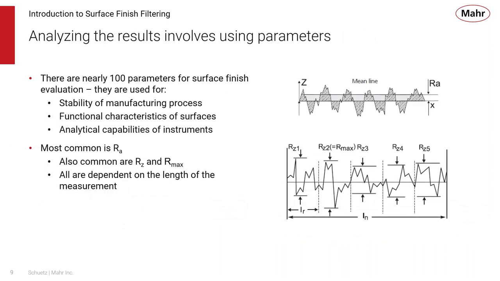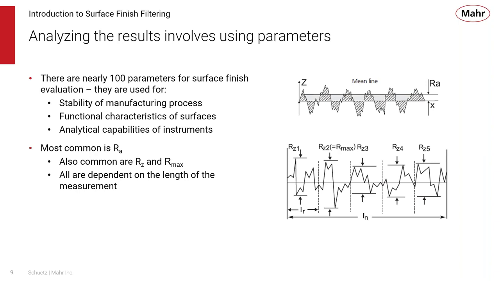And there are lots of ways to analyze surfaces. There are over 100 different parameters for surface finish evaluation. They can be targeted or customized to check the stability of the manufacturing process and the functional characteristics of the surfaces, and the analytical capabilities can do some very complex analysis of the surface.